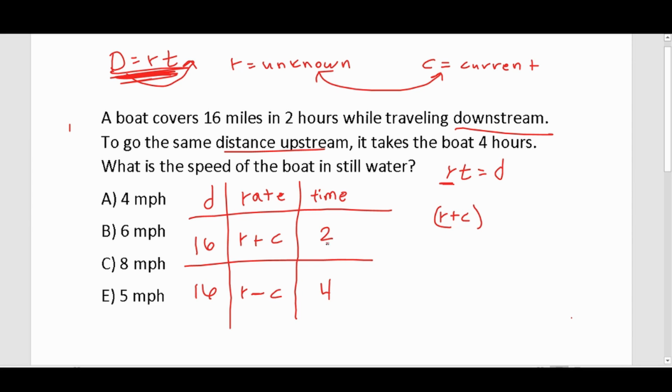We know our time is 2 hours for this one, and we know our distance is 16. Okay. For this one, we know our rate is R minus C. We know our time is 4 hours, and we know our distance is 16. Okay.